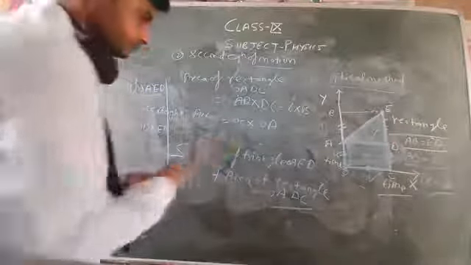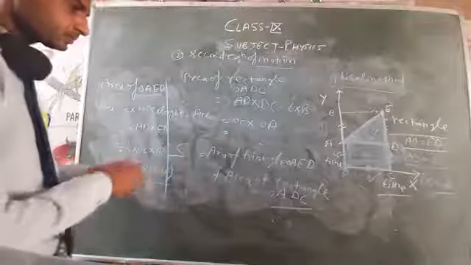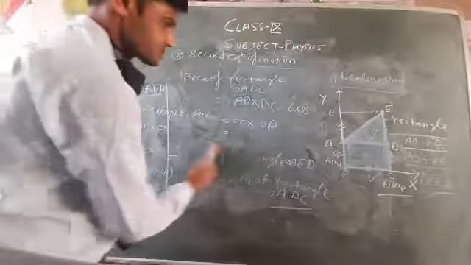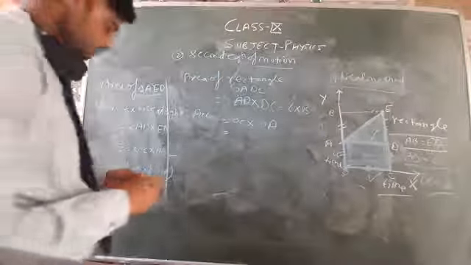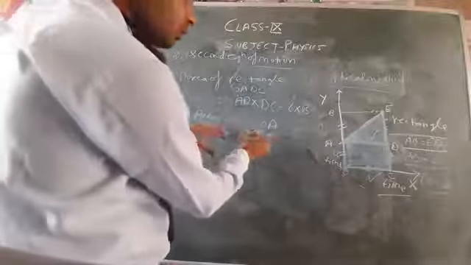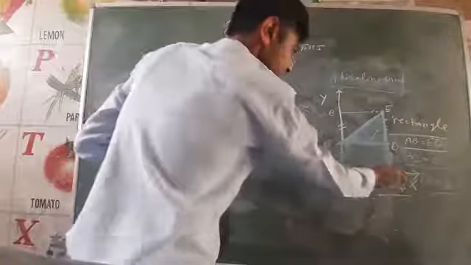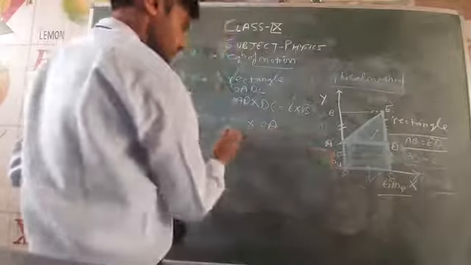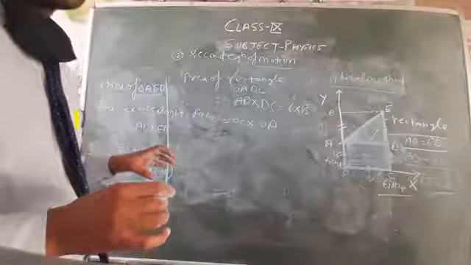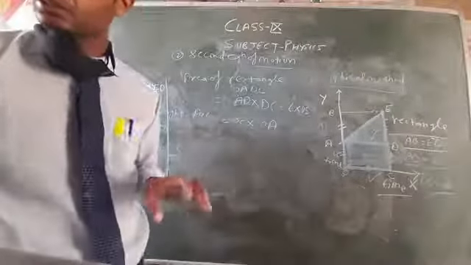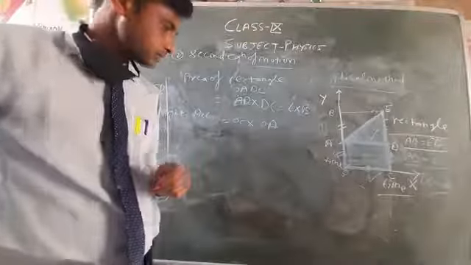So it means this is OC and OA. So the total area is equal to the distance.